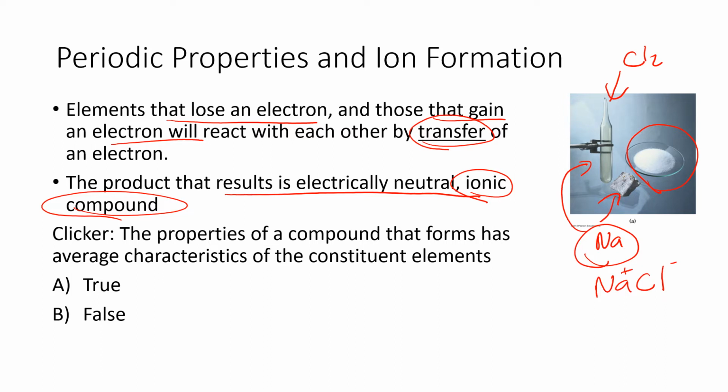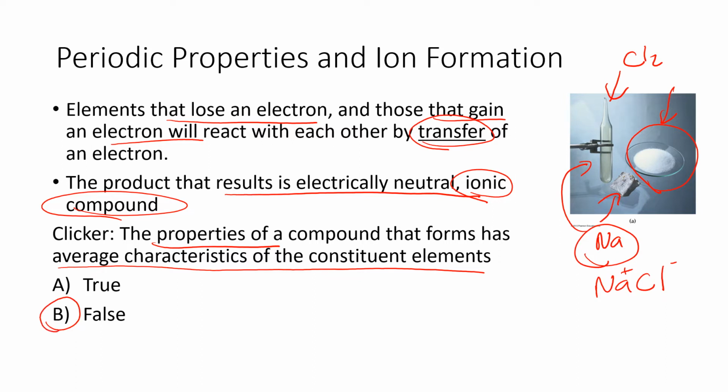So what can you say about the properties of compounds? Do you think the properties of the compound that forms, sodium chloride, has average characteristics of the constituent elements? What do you think, true or false? I'll give you a second. So hopefully you said that's false.